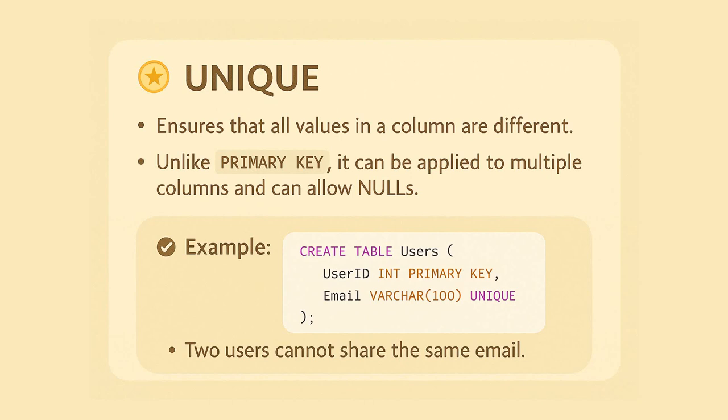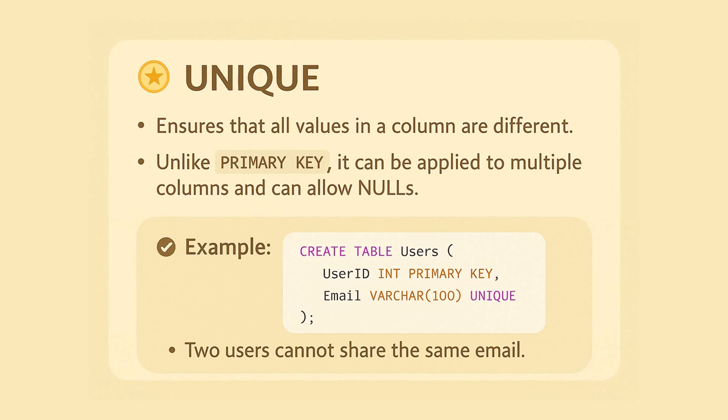We can apply the unique constraint on multiple columns, and it can be null. For example, the email of the student, it's unique, but it can be null. It can be null if it's not mandatory for the student to add his or her email.